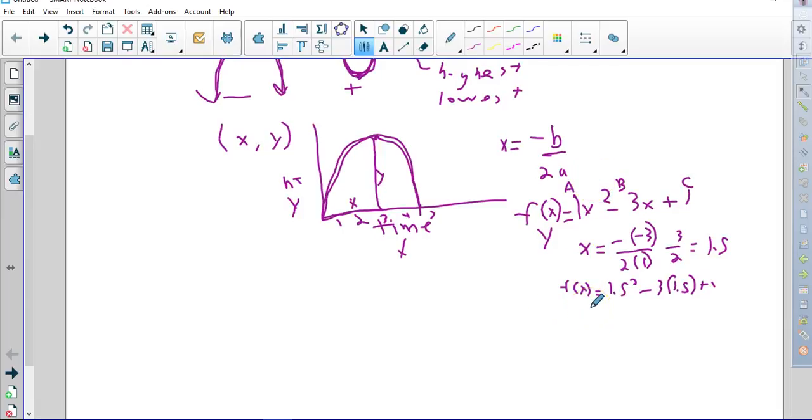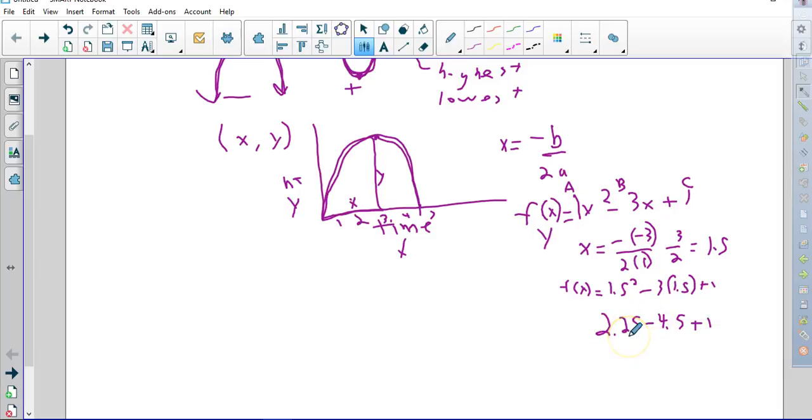Well, 1.5 squared, just use your calculator, is 2.25 minus 3 times 1.5, which is 4.5, plus 1.